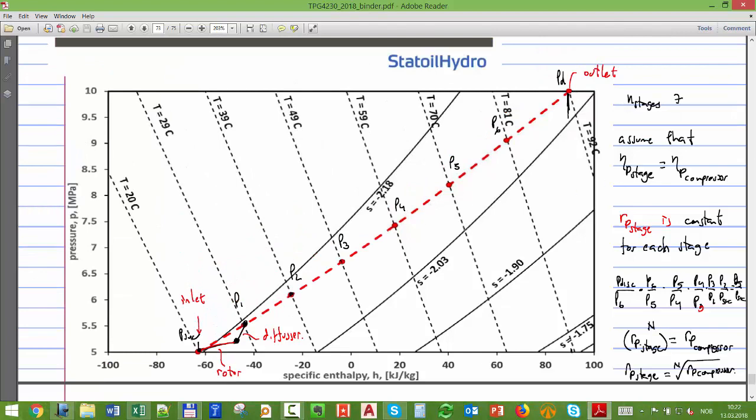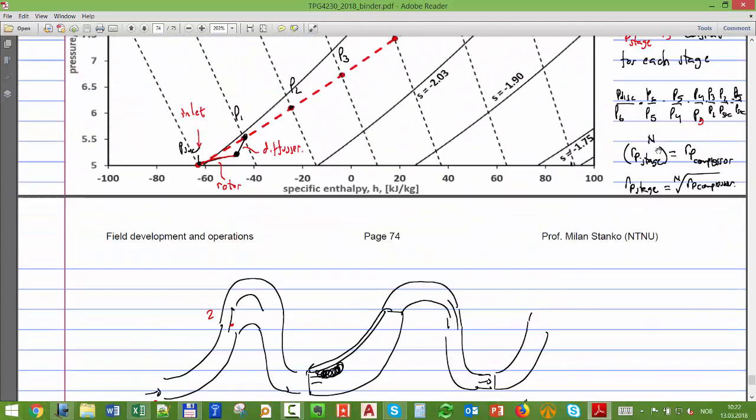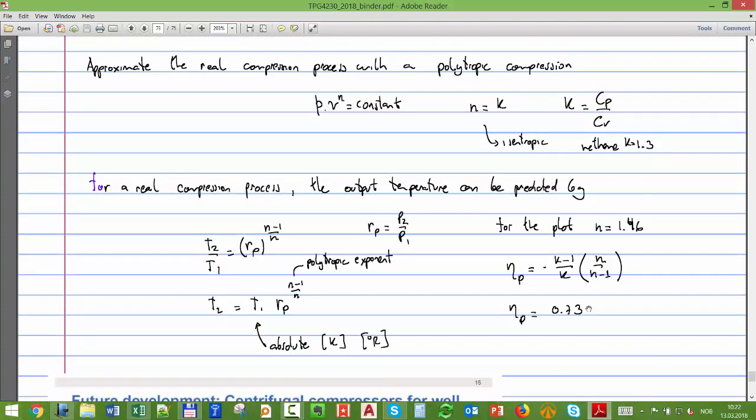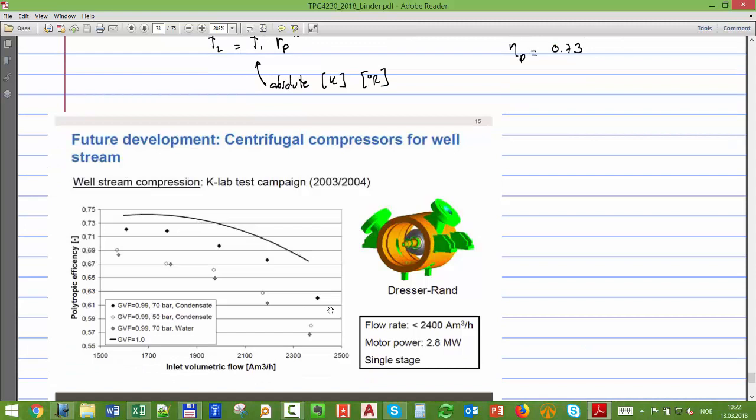And this polytropic exponent is related to something that we call polytropic efficiency. I show here some measured values from the test campaign they made for that particular compressor. And for centrifugal compressors, it's somewhere between 65% all the way maybe to 80%, not more than that.